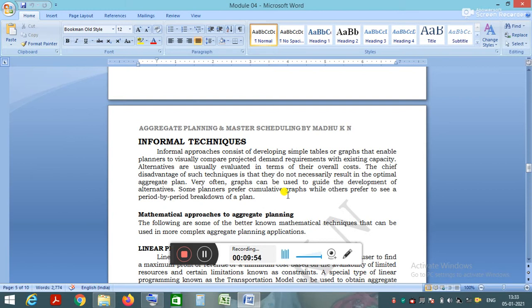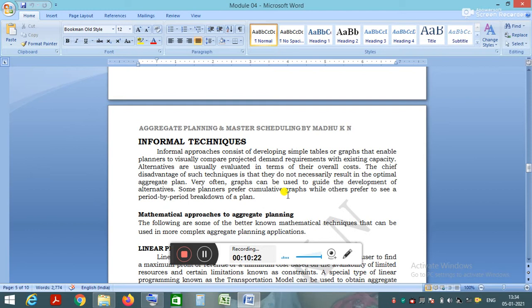Okay, the chief disadvantage of such techniques is that they do not necessarily result in optimal aggregate planning. They also give some decisions, but it is not optimal. Optimal means the best, the good aggregate planning. Very often graphs can be used to guide the development of alternatives.